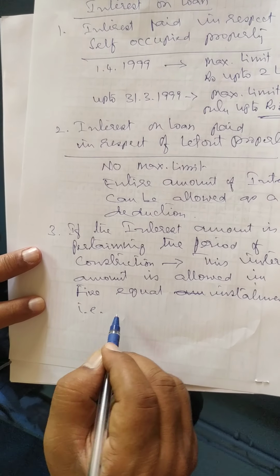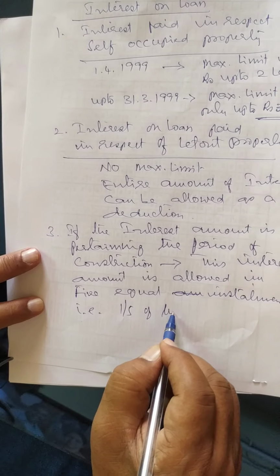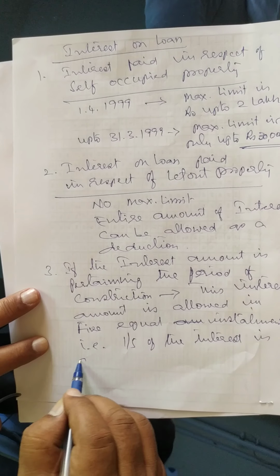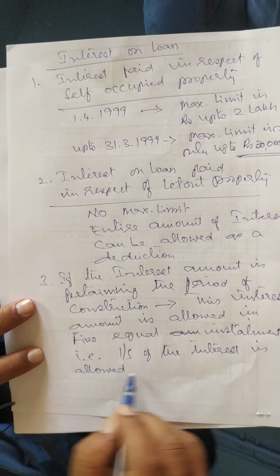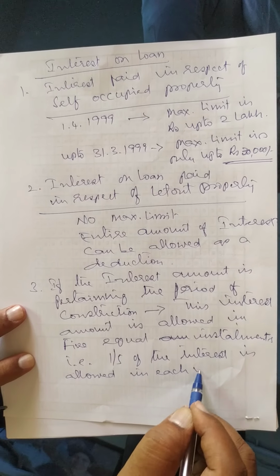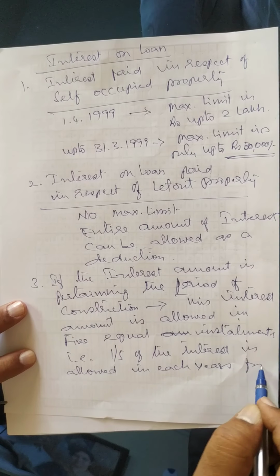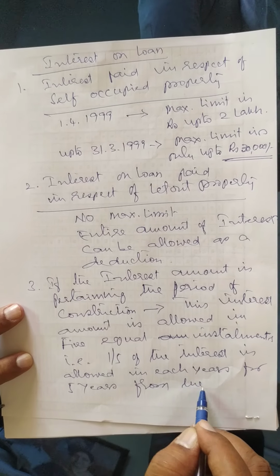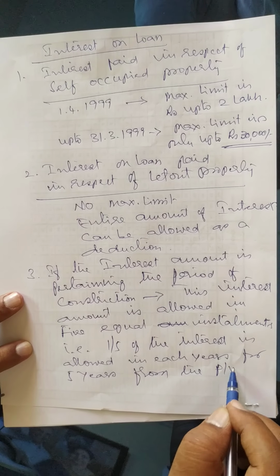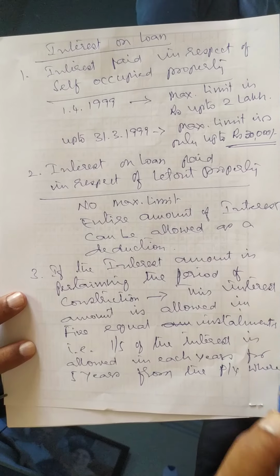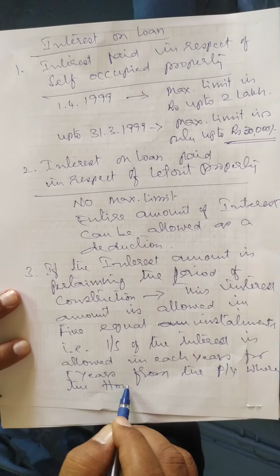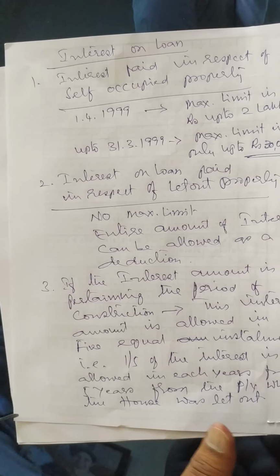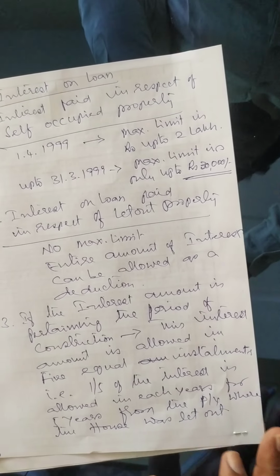That is 1/5 of the interest is allowed in each year for 5 years from the previous year where the house was let out. This is the procedure for computing income from house property.